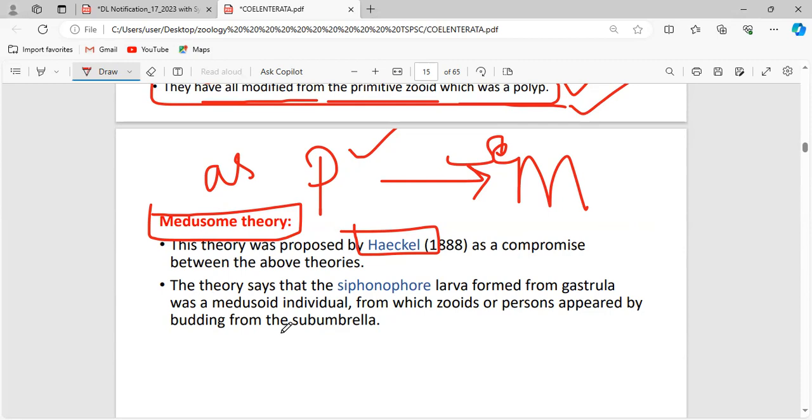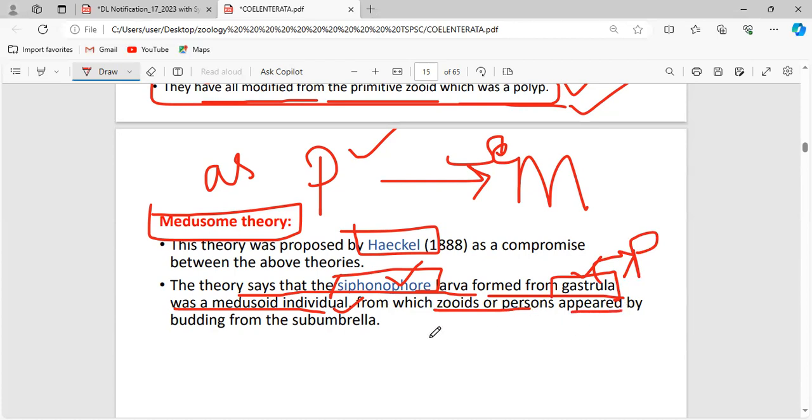The theory says that the siphonophore larva formed from the gastrula was a medusoid individual, which means what? The siphonophore is a medusoid individual which is formed from the gastrula, which is nothing but a polyp, from which zooids appeared by budding from the subumbrella. This is umbrella, this is subumbrella, which means from polyp, this medusa has been evolving.